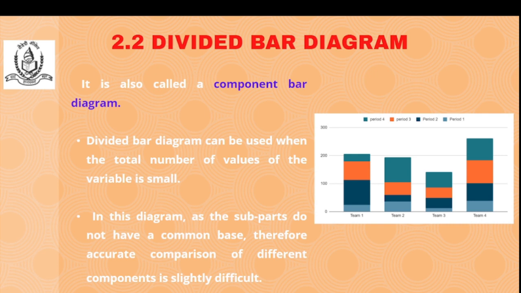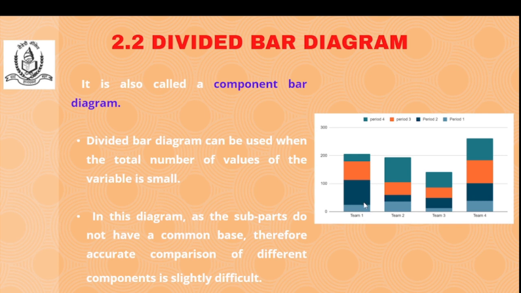Okay, now here is a representative divided bar diagram for your reference. You can see here there are four variables or four different categories represented by team 1, team 2, team 3 and team 4. Now each of these categories of data is further subdivided into four components, that is four periods: period 1, period 2, period 3 and period 4, and it can be identified from the index given here, the color corresponding to each period.